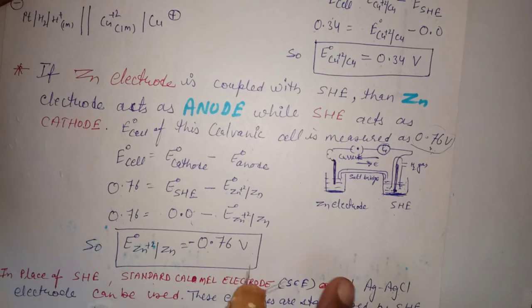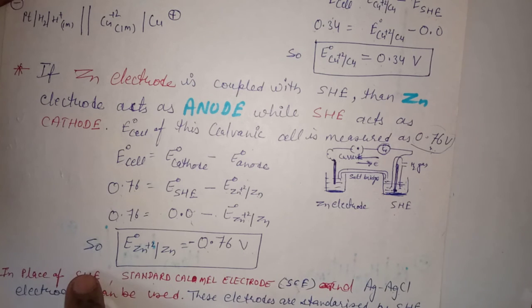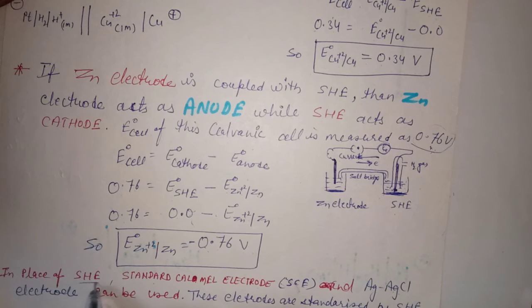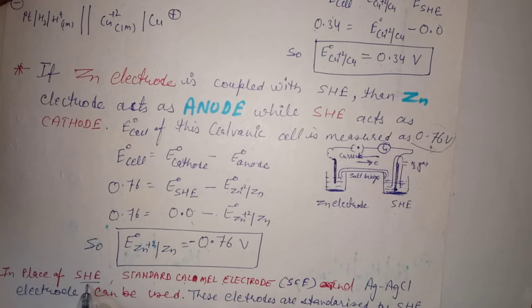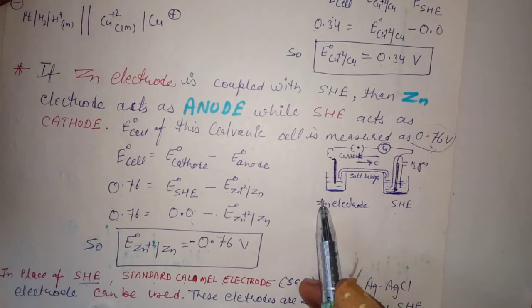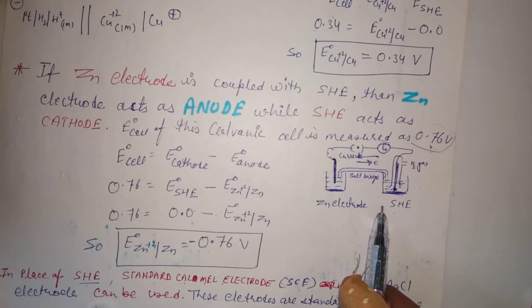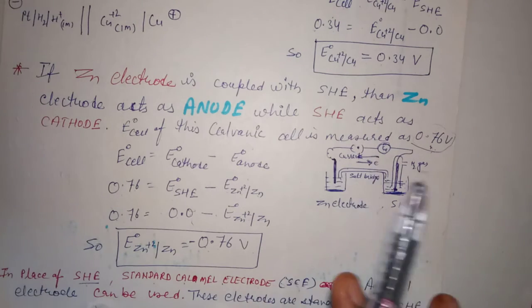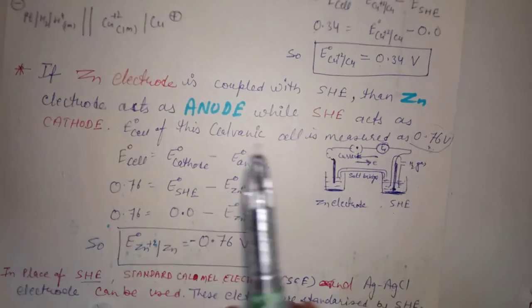We can use these two electrodes in place of SHE, but these two electrodes are standardized by the SHE. We have to standardize these electrodes with the help of SHE, and then we can use them to determine the electrode potential of any electrode.